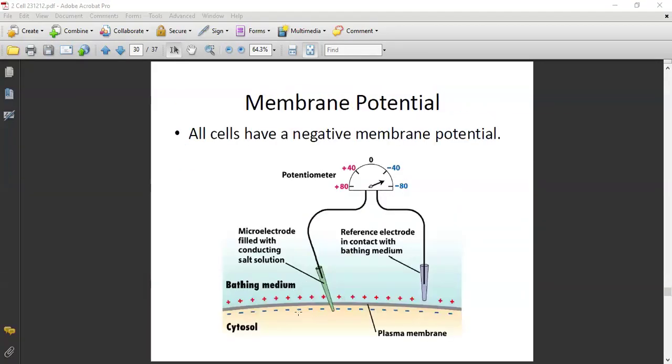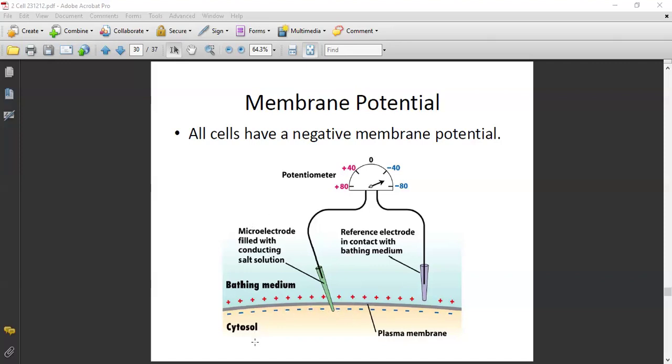When we measure the membrane potential, this potential refers to the voltage. When we talk about the membrane potential, we talk about the potential on the inside of the membrane. Why is that? Because outside is shared by everybody, right? But inside is unique.